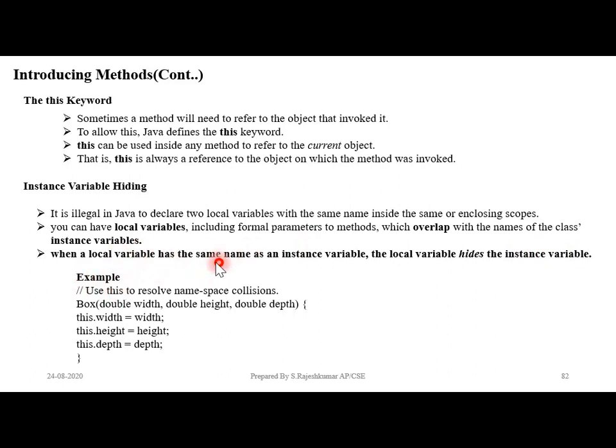When a local variable has the same name as the instance variable, the local variable hides the instance variable. This is a very important point.